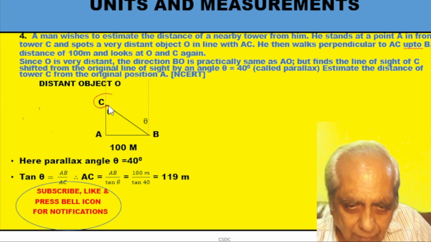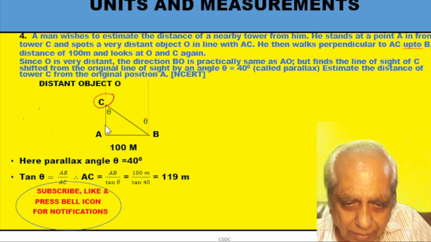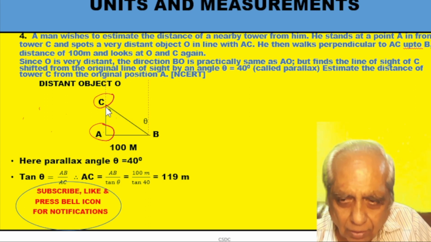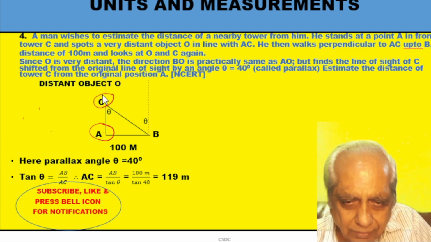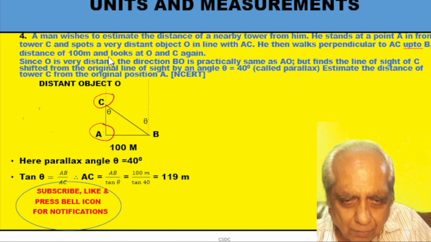The man is standing at point A. So man is at A, tower is at C. This is ground, horizontal. And now he is seeing some very far away object O in the background.